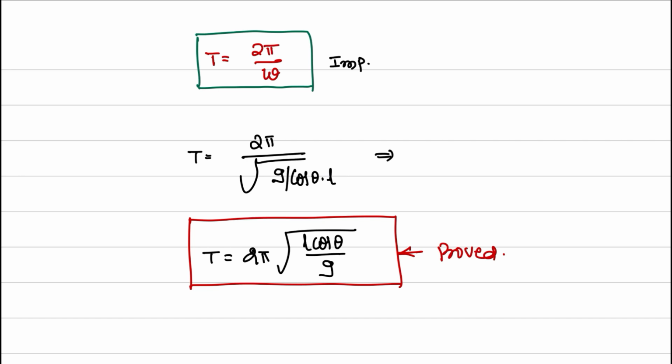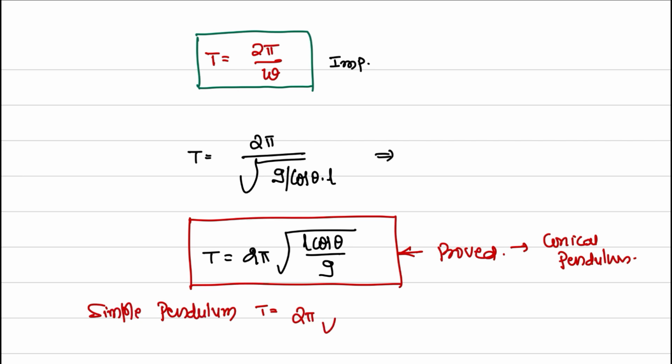That is for the conical pendulum. For a simple pendulum, the motion is not horizontal, it is in a vertical plane, and the time period is 2 pi into square root of L by g. It has theta restrictions. Theta should be less than 15 degrees.